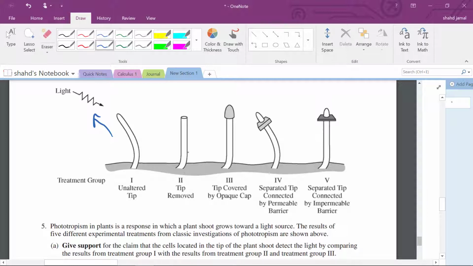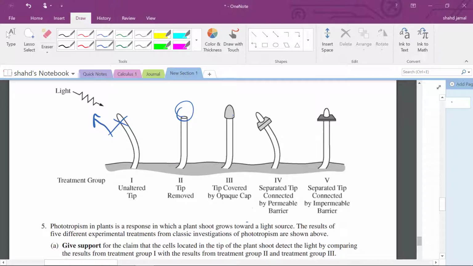For treatment number 2, we can see that the tip is cut off and no longer there, so the plant no longer bends toward the light. Treatment number 3 says that the tip is covered by a cap, so still the cells cannot be exposed to the light, and as we can see, it's still growing straight and not bending towards the light.